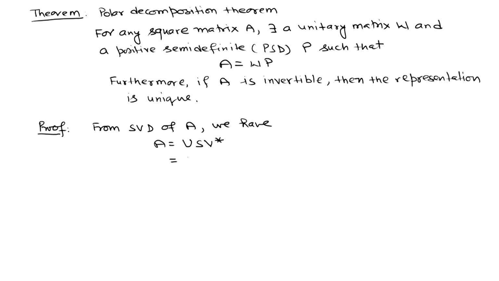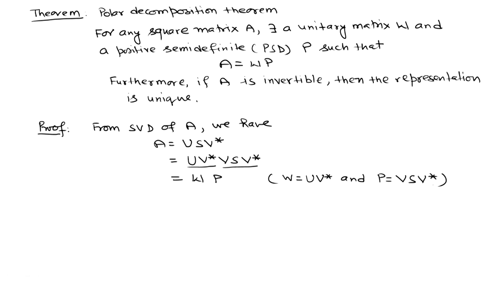This I can write as U into V star into V S V star, because V is a unitary matrix, so V star V will be the identity matrix. Now, write U V star as W and V S V star as P. So W equals U V star and P equals V S V star.